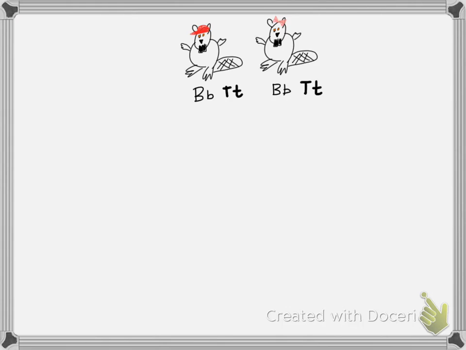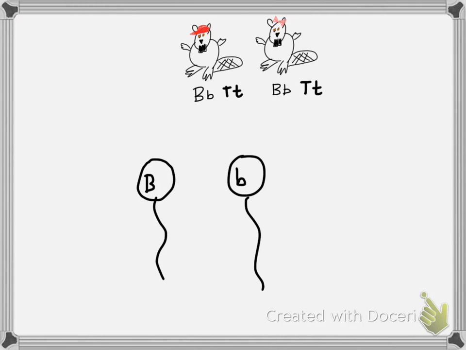So let's say we've looked at tail length and eye color, and Bucky and Becky are both heterozygous for both traits. So every time Bucky manufactures sperm, there's a 50% chance his sperm will have a big B, right? 50% chance, we already established that. 50% chance his sperm will have a little b. Well, there's this thing called independent assortment. It means that traits usually aren't linked together.